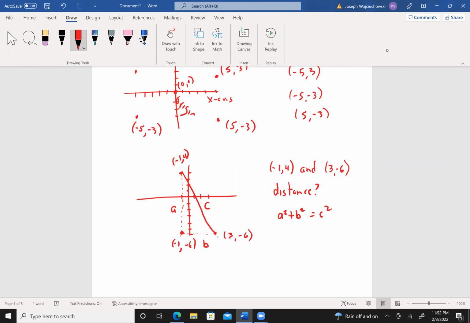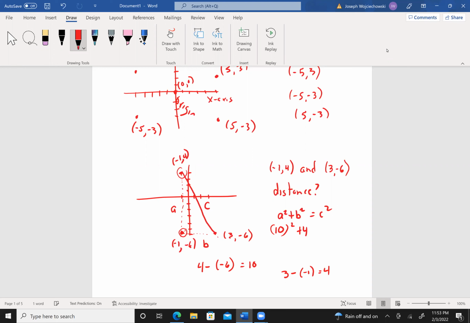Since I'm going in a straight line, my distance from this point to this point is simply a change in y of 4 minus -6, which is 10. So that's going to be my a, 10, and I'm going to square it. And same here, since I'm just moving straight across, I have 3 minus -1, which is 4.